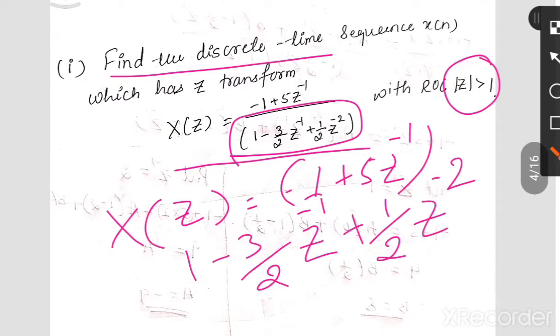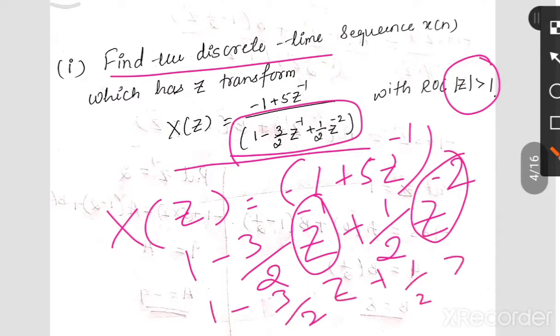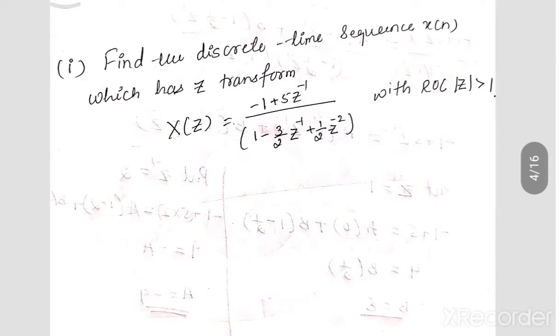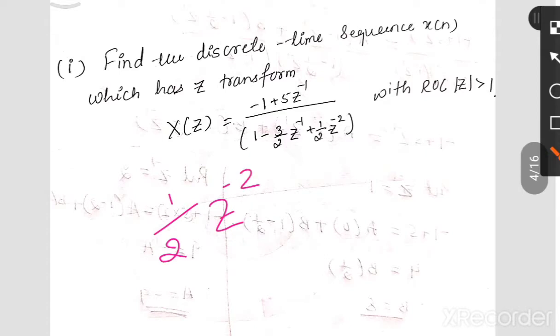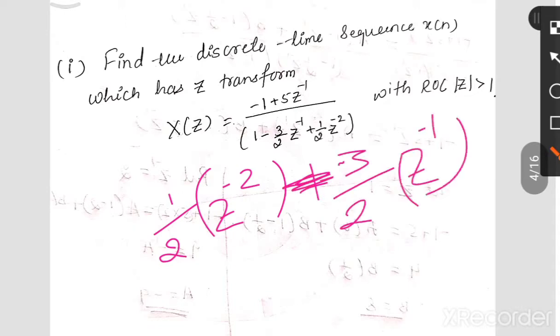So we can keep this z and this z square as it is, like 1 minus 3 by 2 z plus 1 by 2 z square, a quadratic equation, and take it in the calculator, with order 2. The coefficient can be written as 1 by 2 z square, obviously it is z raised to minus 2, but take it as half x square minus 3 by 2 x plus 1.